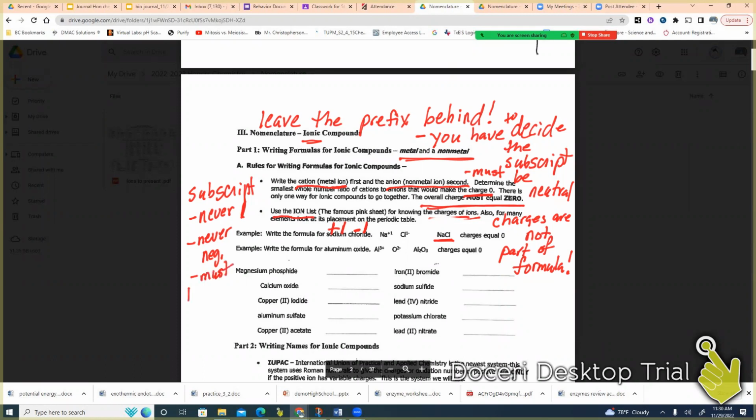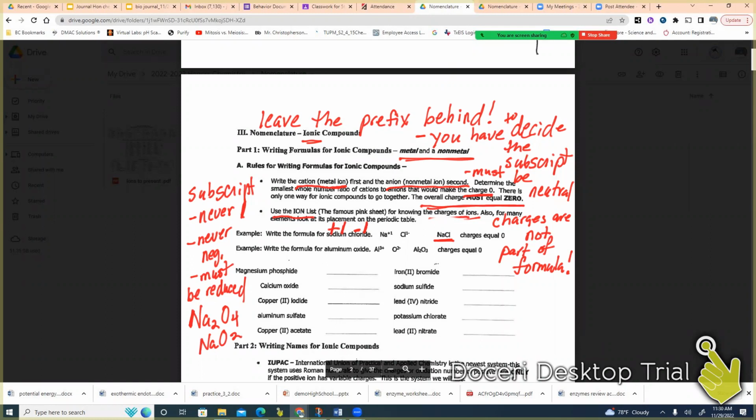Must be reduced. So what I mean by that is, and this is not a true formula, but just so we can see, something like A2O4 would be incorrect because I can reduce those subscripts. So what I would need to have is AO2. That would be the correct way if I needed to write that one.